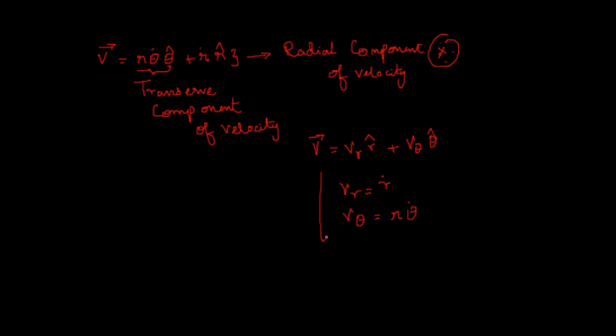So these are the important results which you have to remember for your problems. Practice it 2 to 3 times, you will get a touch with it. So now let us move to the acceleration term.